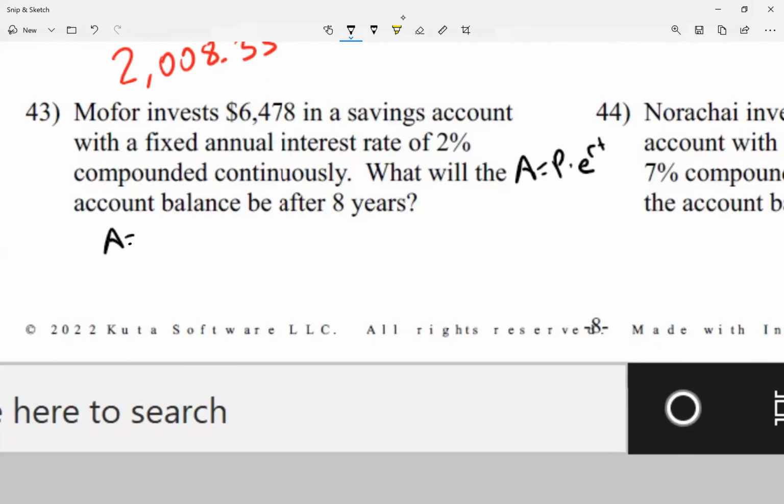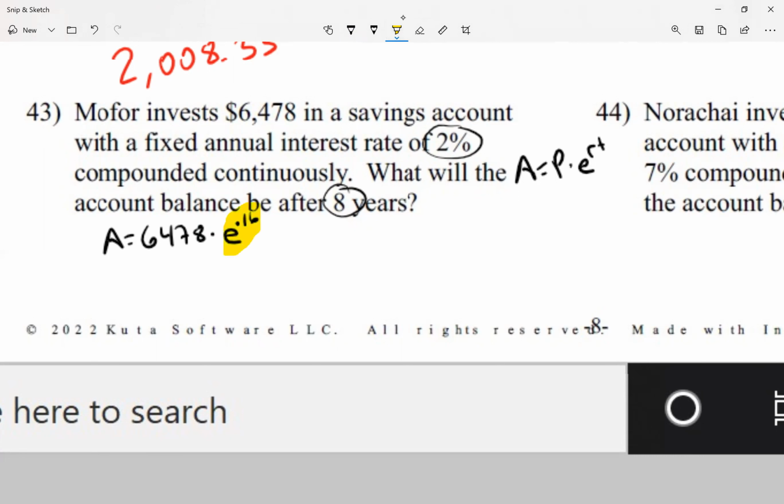So the amount, what I'm solving for, is 6,478 times E to the, I see it's 2% for 8 years. So 0.02 times 8. That gives me 0.16.